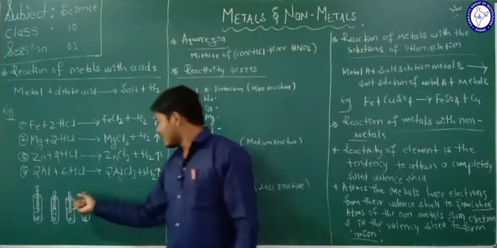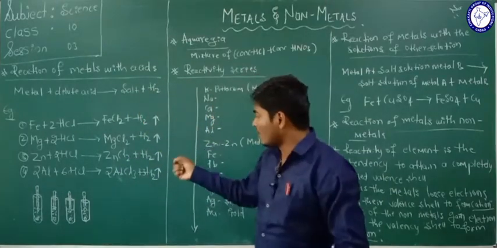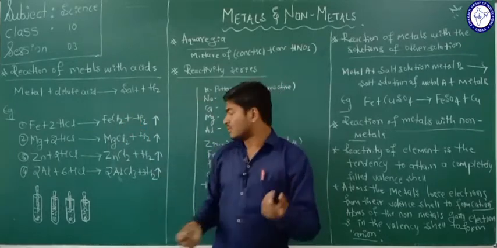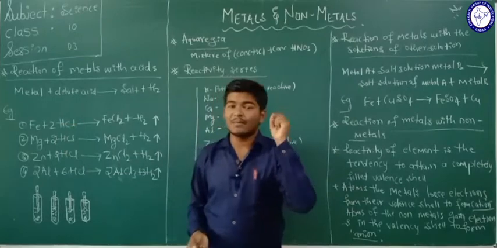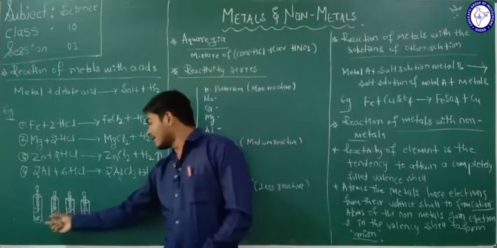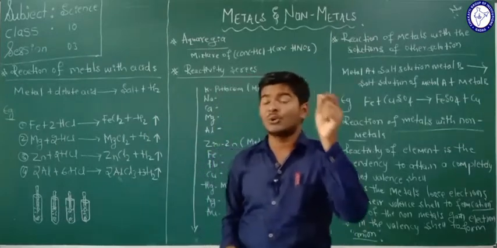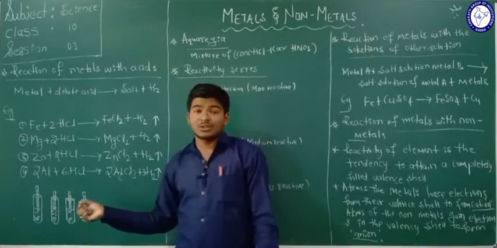You have to insert the pieces, that is samples of the metals, into the test tubes containing hydrochloric acid, and you have to simultaneously note down the temperature of the solution.